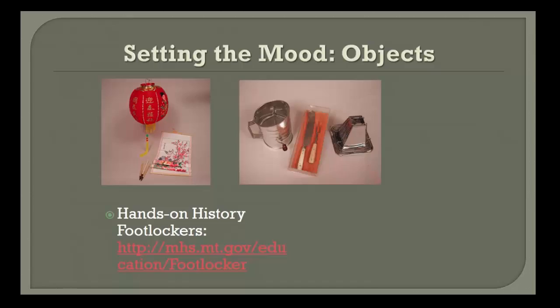We have lesson plans with all of these, but I think a lot of teachers just get the footlockers so that they have access to the objects because they resonate. Holding something really simple like a flour sifter. What is this? What do you think people used that for? What does this tell us about everyday life? Again, just to get people into that place and transport them back in time can be a powerful tool.